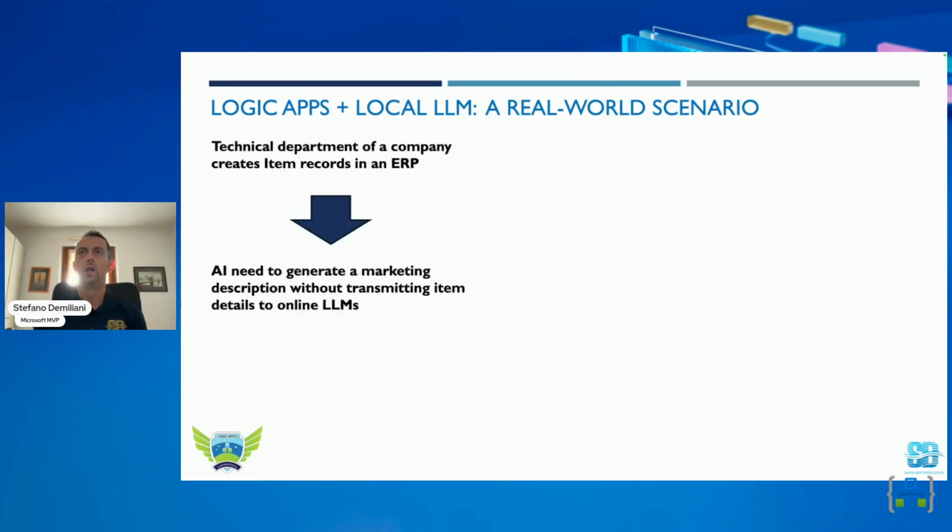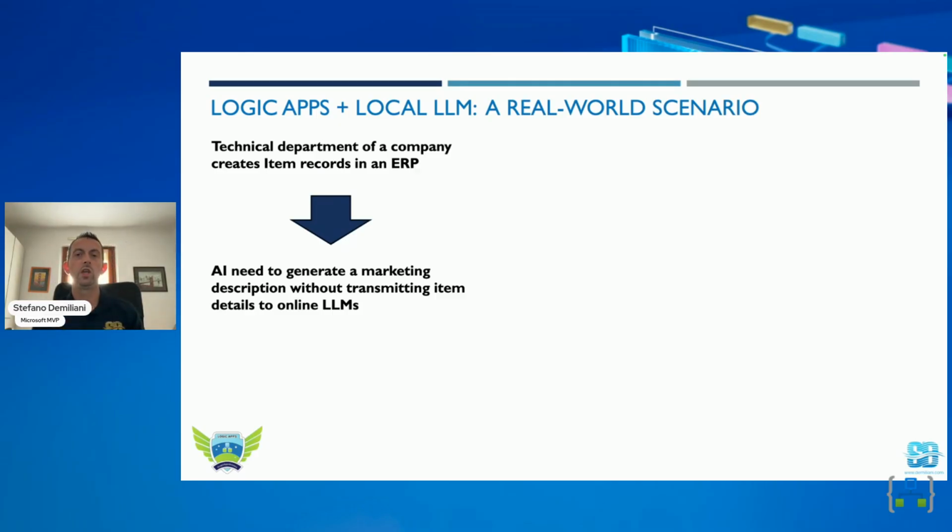just in order to explain one of the advantages. So in this real-world example, we have a company where the technical department usually creates item records inside the ERP system. So these item records are created internally inside the company in an ERP system. And when the record is created, a process needs to start.